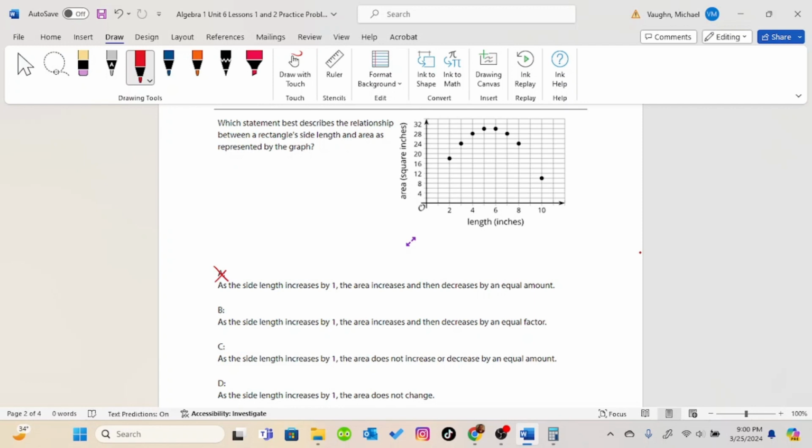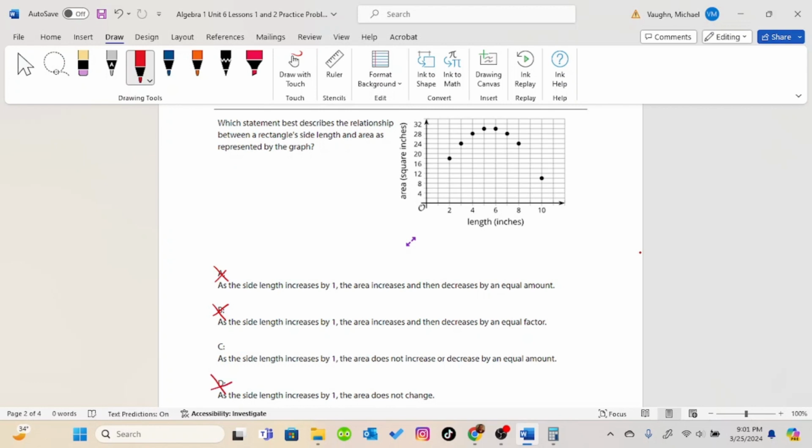So B is not correct. D, as the side length increases by 1, the area does not change. We can clearly see we do not have a horizontal line of points, so D is not correct.